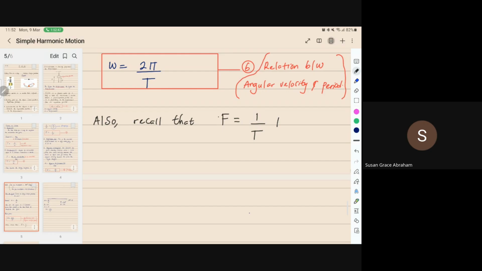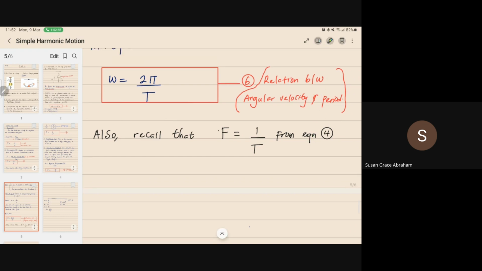Recall from equation 4. Now plug equation 4 in.